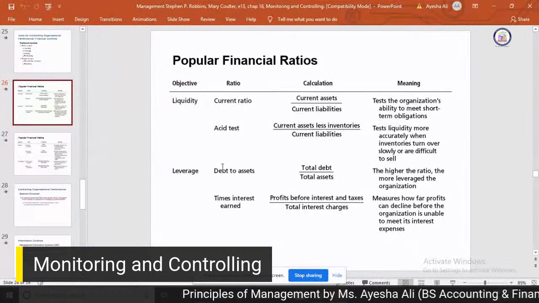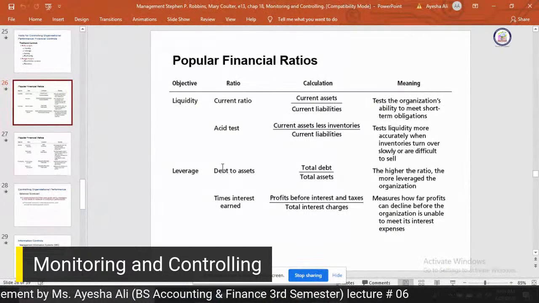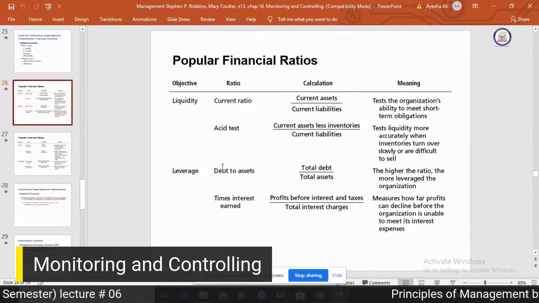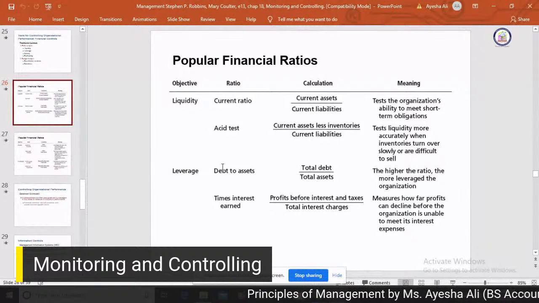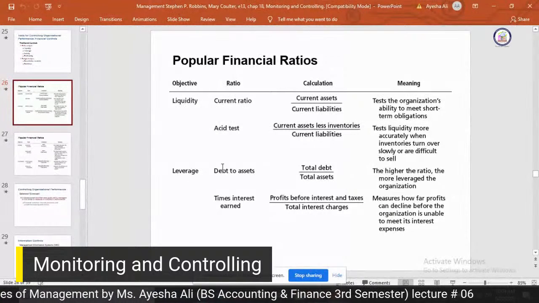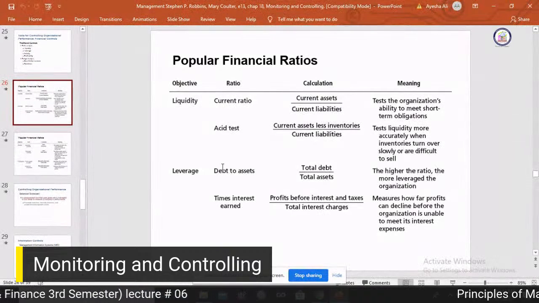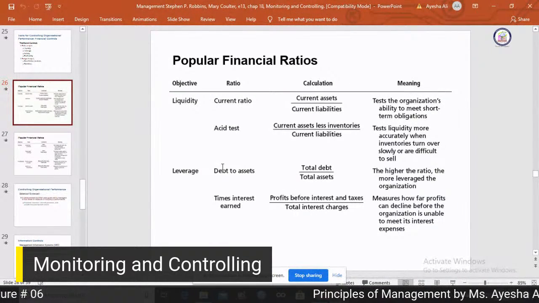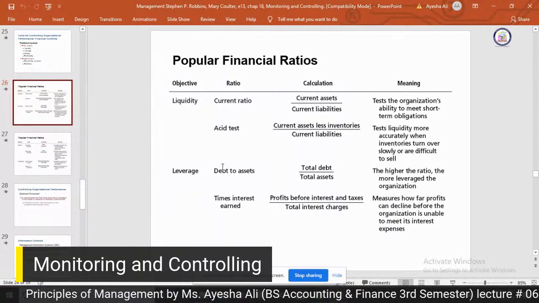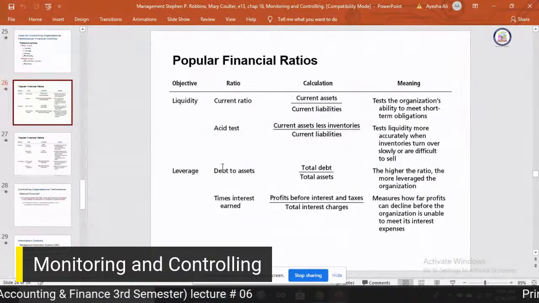Then the second one is leverage. The leverage ratio is basically about whether the organization is able to pay the interest on what it is taking from the bank or any financial institution. In this we have two types of ratios. The first one is debt to assets. The formula is total debts upon total assets.